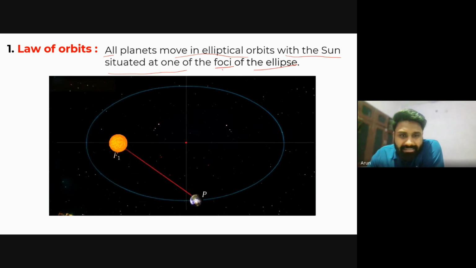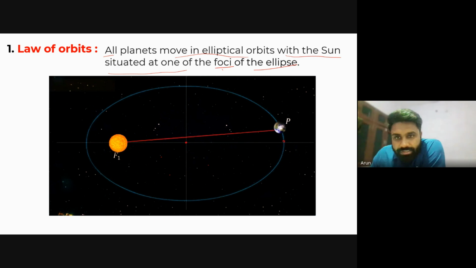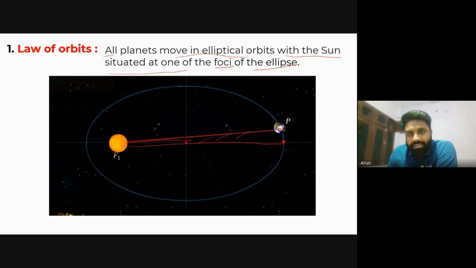The law of area said that the area swept by this line per unit time will be a constant value. Okay? It is like from here to here, from here to here, this line has swept some area. You can see here, this line has swept some area.